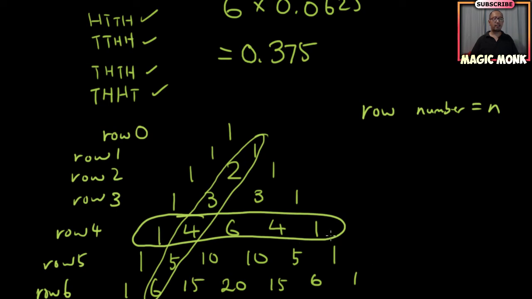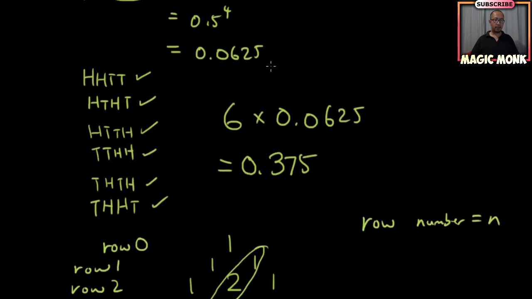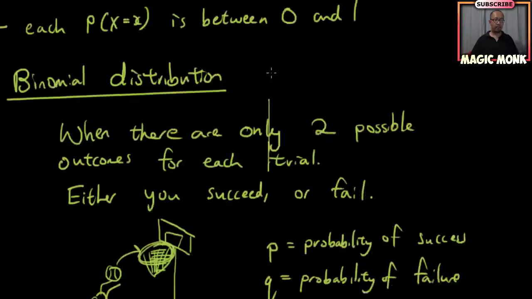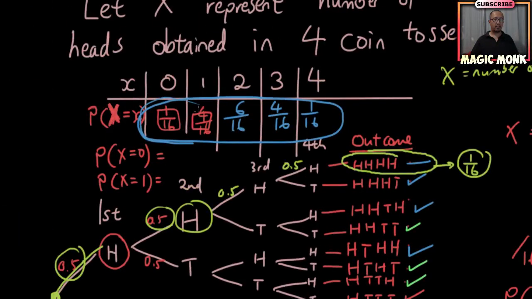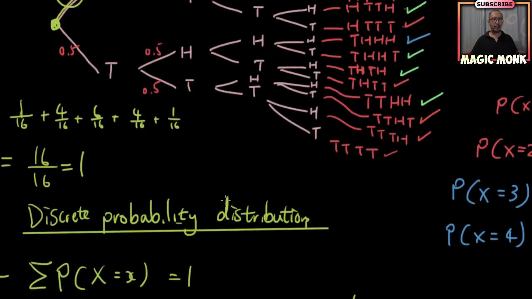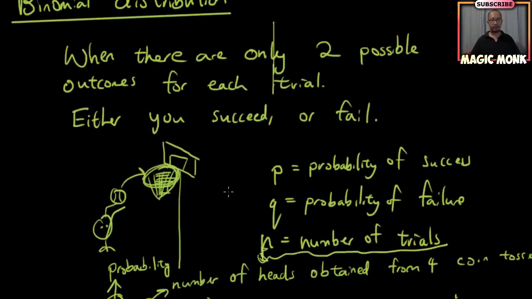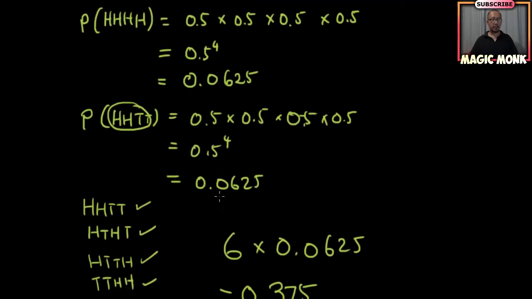Now, how is that similar to this box that we drew beforehand? 1, 4, 6, 4, 1. Okay, so Pascal's triangle is a much quicker way of getting that number.